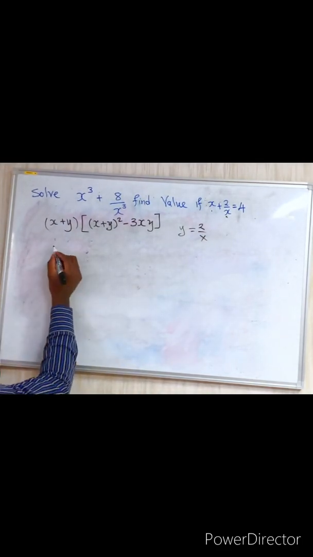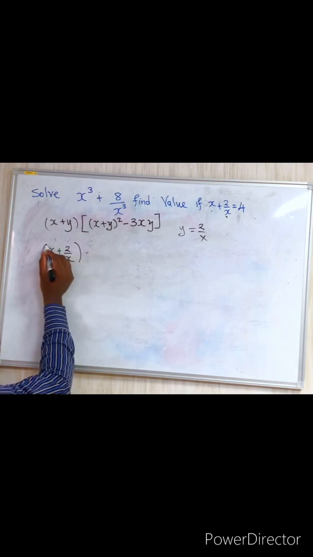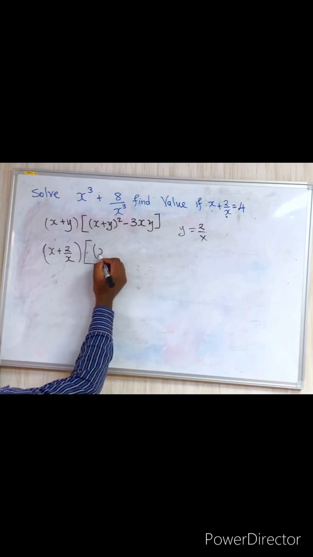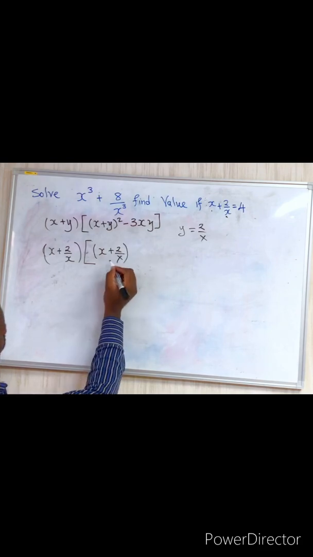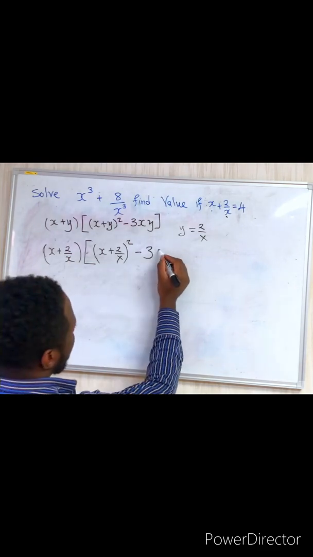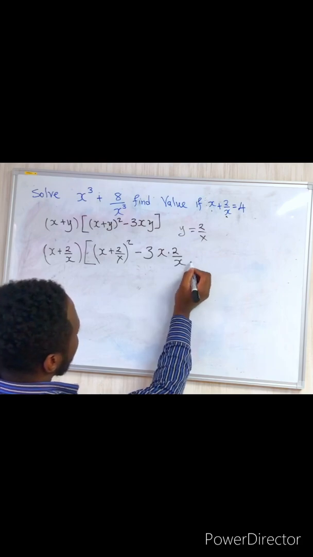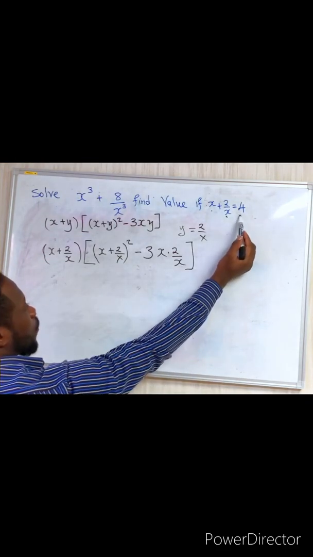So what we have on the first part, we have open bracket x plus 2 over x close bracket multiply, we have in bracket x plus 2 over x squared minus 3x multiply 2 over x. Okay, so we know x plus 2 over x is equal to 4 as we are given here.